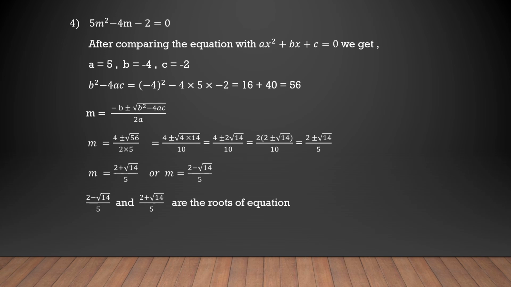So m is equal to (2 + √14) / 5, or m is equal to (2 − √14) / 5. So the roots of the equation are (2 − √14) / 5 and (2 + √14) / 5.